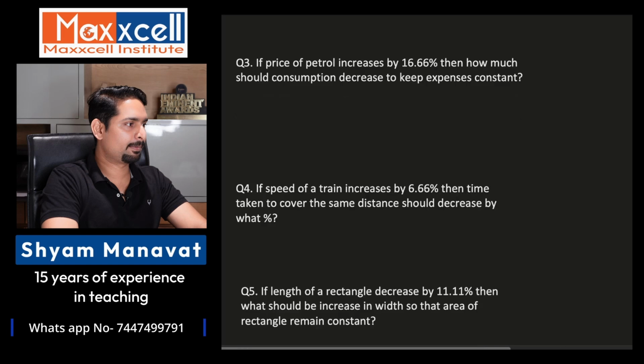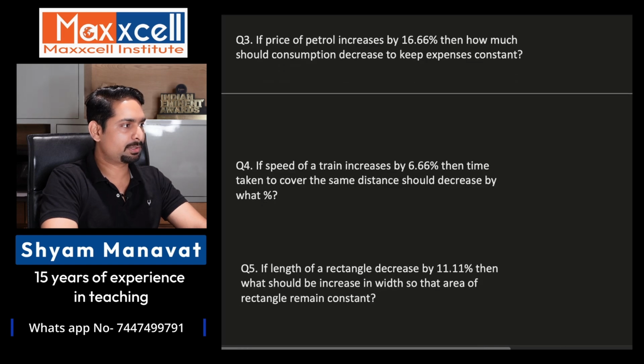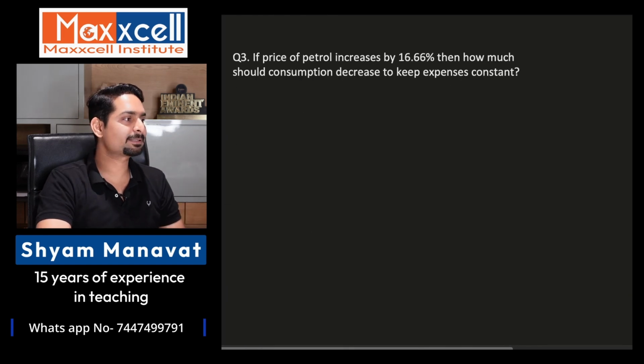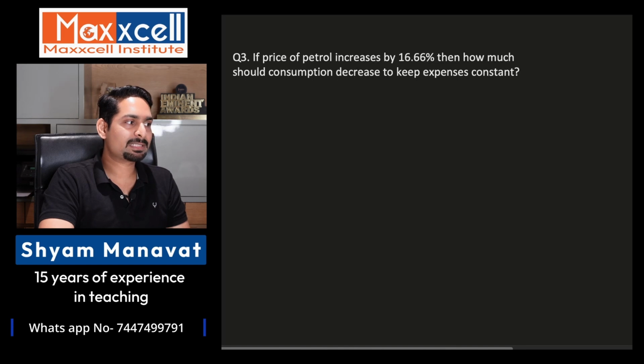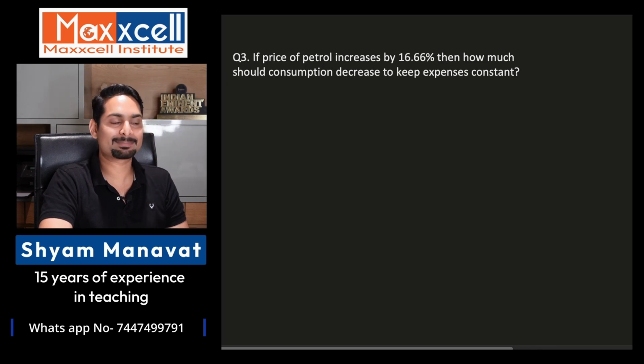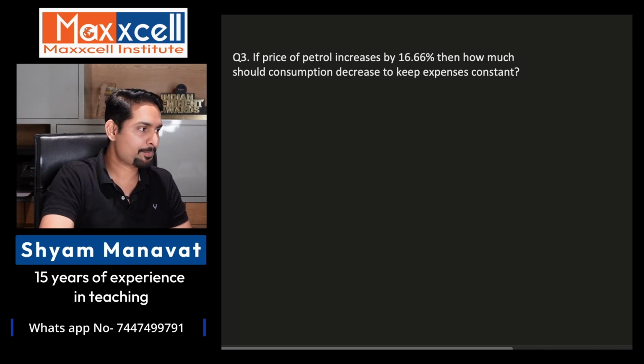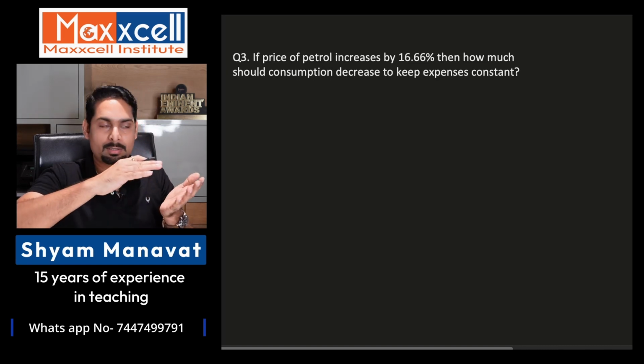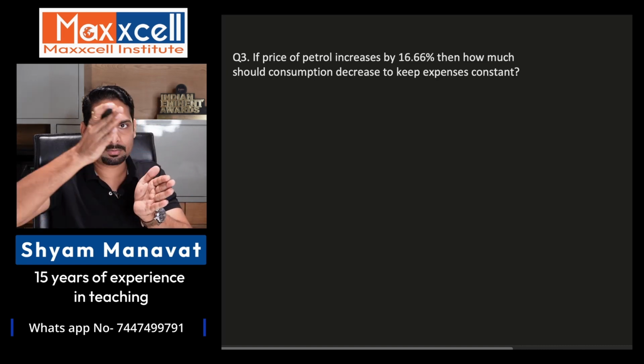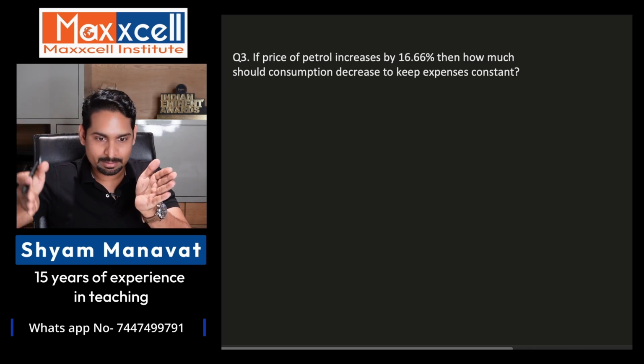And you should learn different applications of this. Here it says, if the price of petrol increases by 16.66%, then how much should consumption decrease to keep expenses constant? Now here, it's not that from one value you are going to the next value, and from the next value you are coming to the previous value.